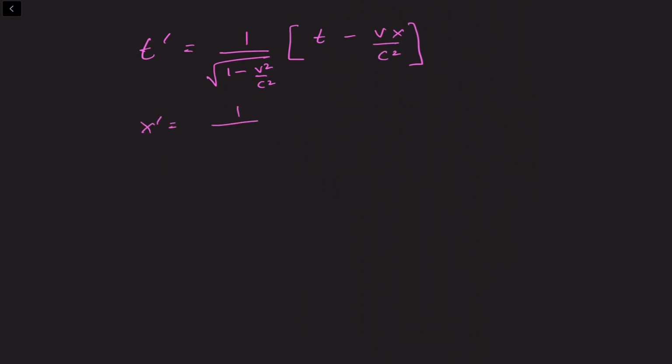We had t prime is equal to 1 over the square root of 1 minus v square by c square into t minus vx over c square. x prime is equal to 1 over square root of 1 minus v square by c square into x minus v times t. y prime is equal to y, and z prime is equal to z.